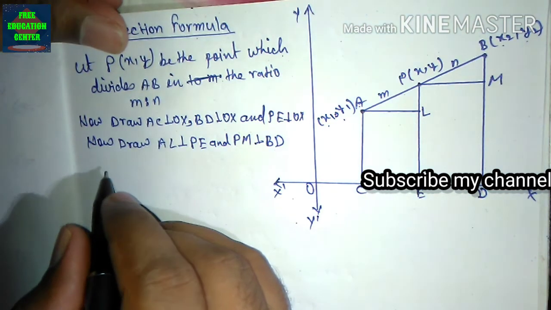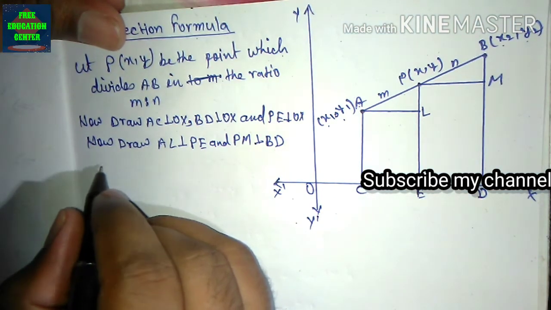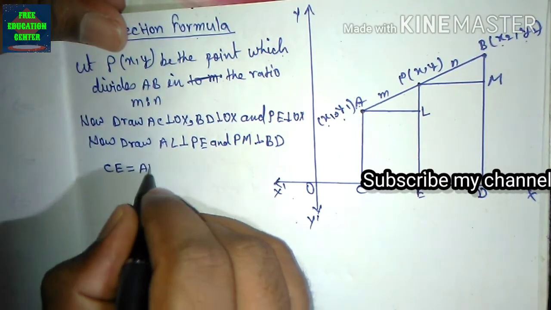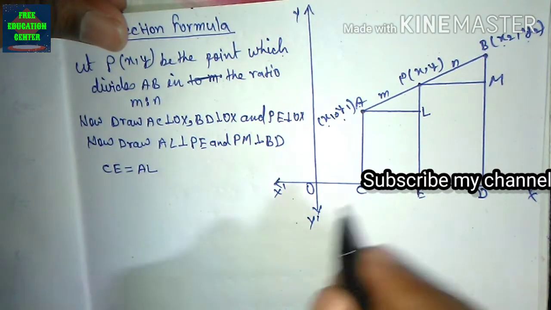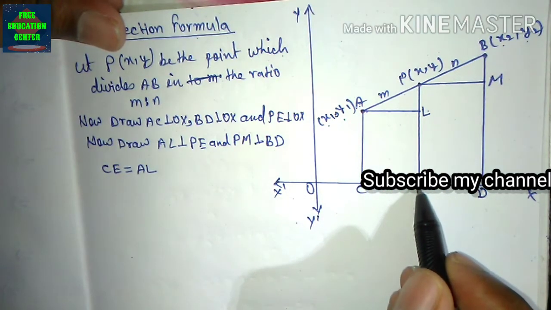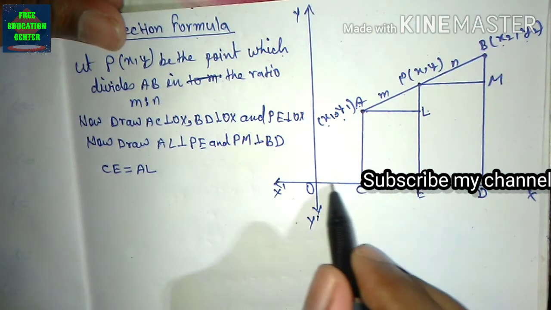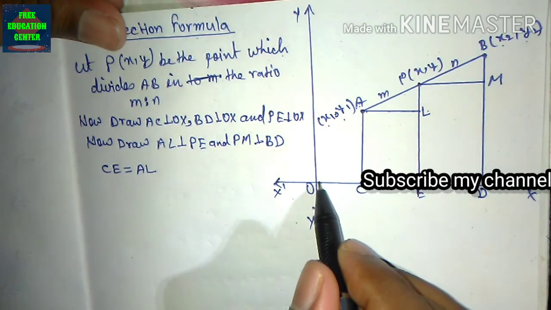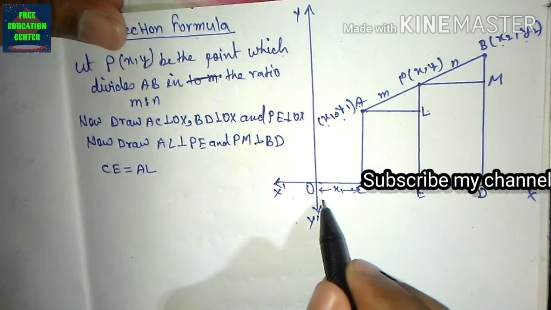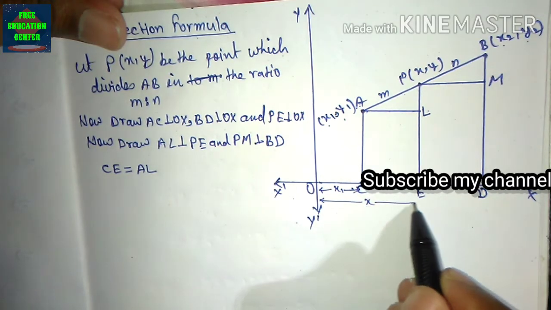Now CE equals AL, and CE is x minus x1. This is x1 and this is x.